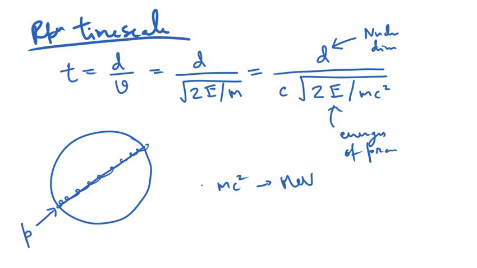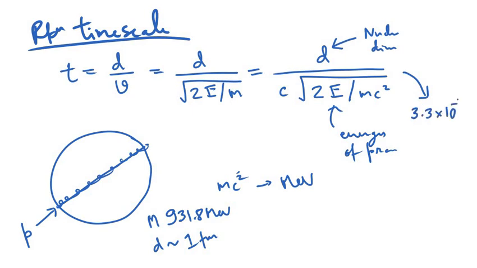Now for the proton, the mass will be 931.8 MeV, right? And if D is approximately 1 Fermi meter, you use this, then from here you will see that the time scale you get is 3.3 into 10 to the power minus 22 seconds.